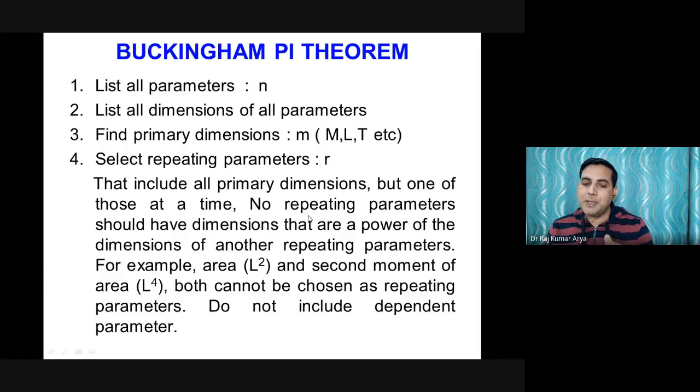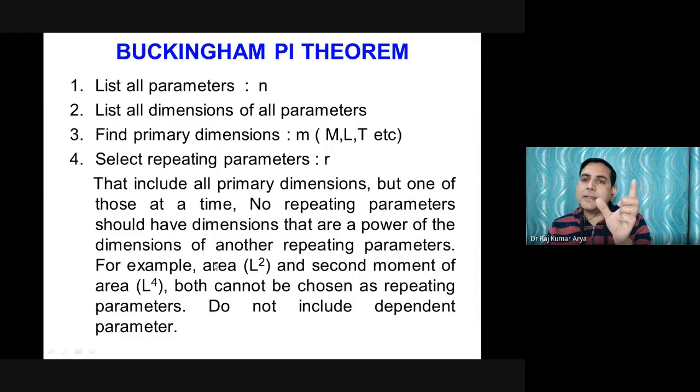No repeating parameters should have dimensions that are a power of the dimensions of another parameter. You should not have any parameter whose dimension is a power of another parameter's.